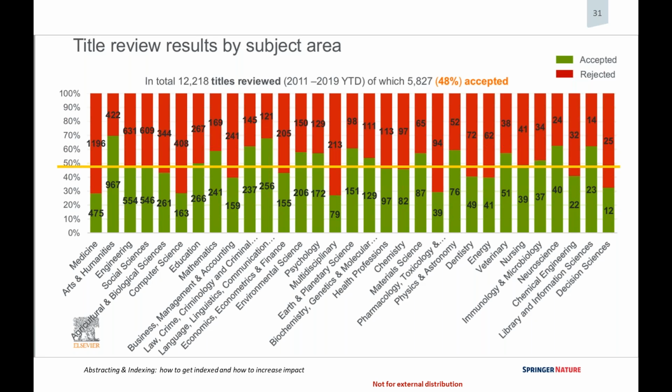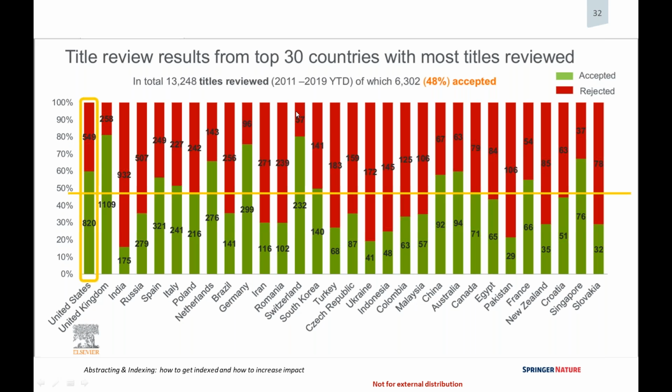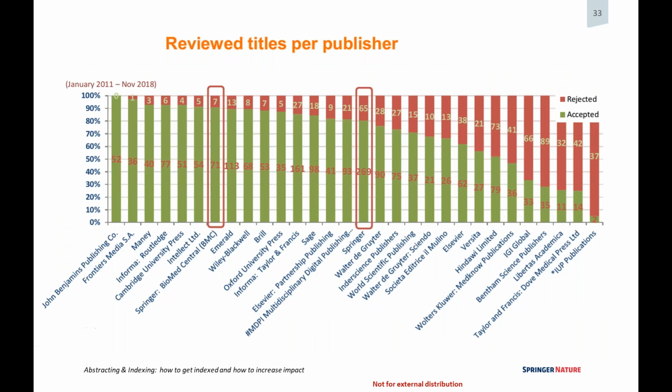This is based on last year's statistics, and I will share this slide with the audience. This is from Scopus, so it is not created by me. They provide a breakdown by subject area and their acceptance and rejection rate. Similarly, they have a breakdown by country and review titles per publisher.